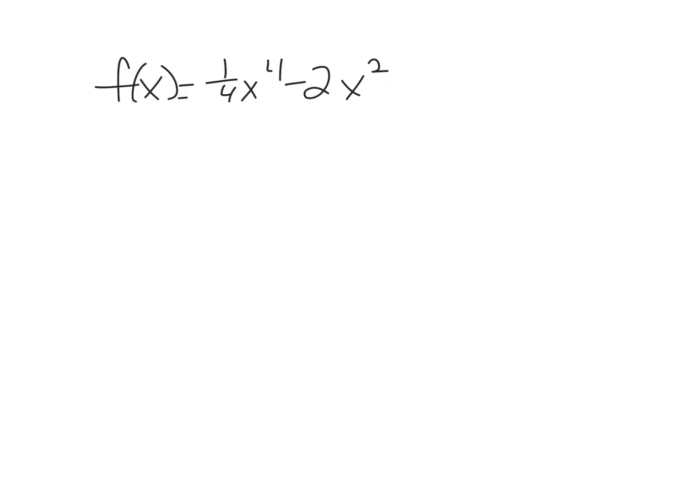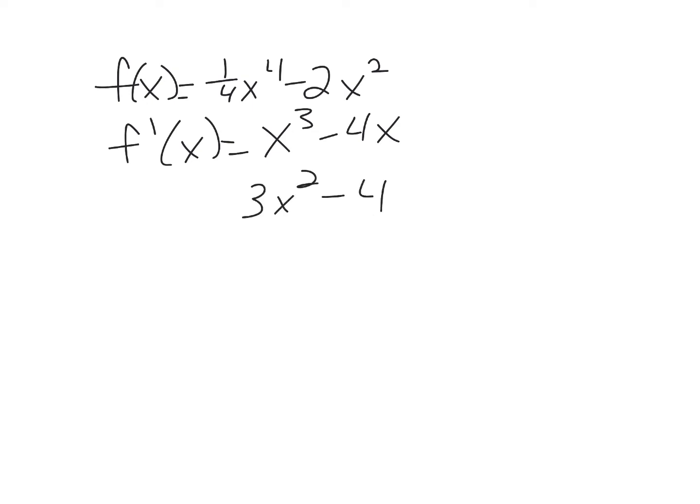Alright, let's find the points of inflection here. So we need to find a second derivative. Let's do that. x to the third minus 4x, and then we get 3x squared minus 4. In this case, we're not going to factor.